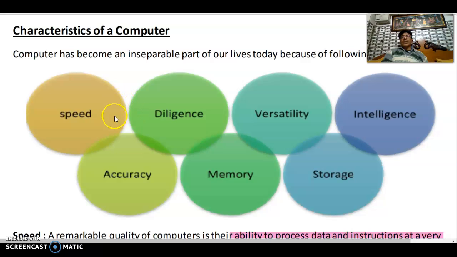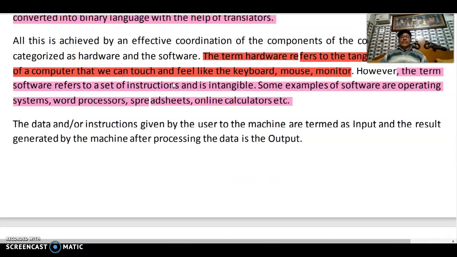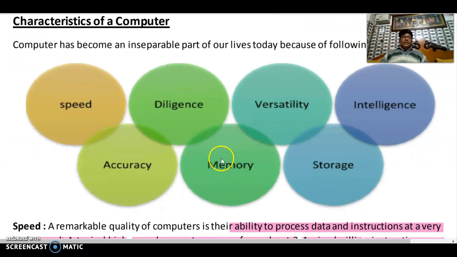These are the properties of a computer: speed, diligence, versatility, intelligence, artificial intelligence, of course, storage, memory, and accuracy. So the main five are speed, diligence, versatility, accuracy, and storage, or say memory. Nowadays artificial intelligence is also there, so we'll be discussing this one.